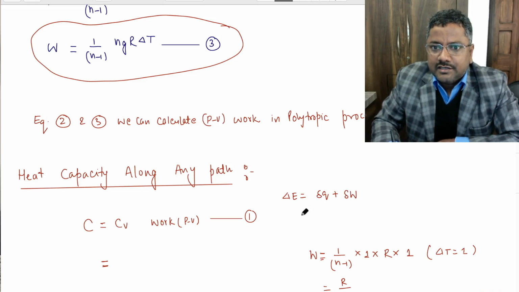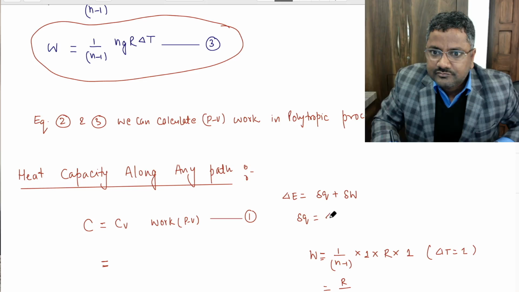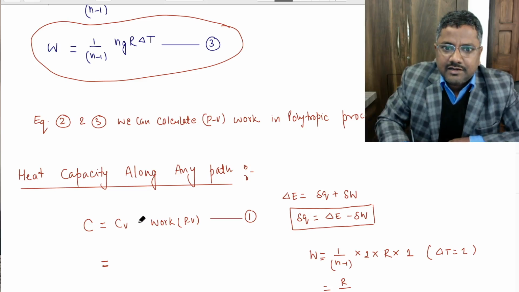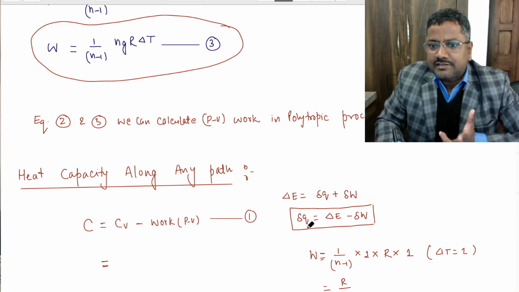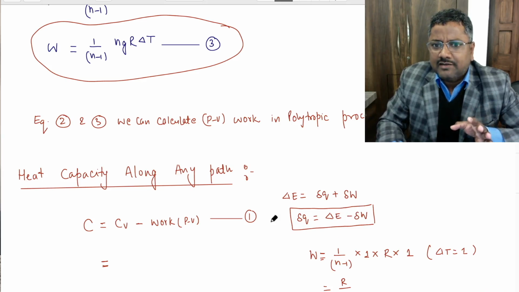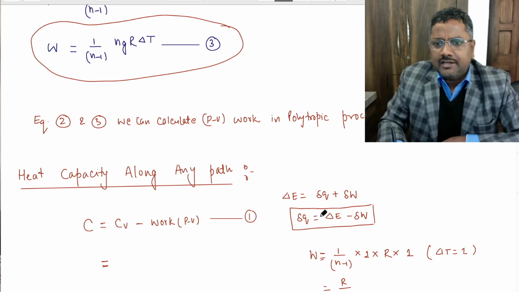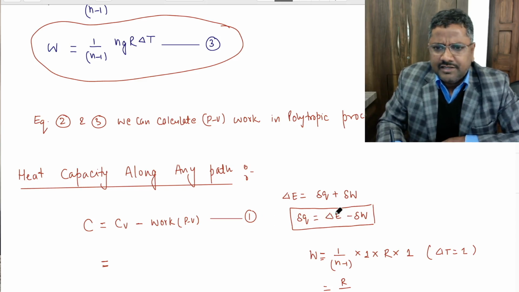So delta Q is equal to delta E minus delta W. Basically, this formula, what equation 1 I have written here, is on the basis of this. See, Q by T is the C, heat capacity. Delta E is nCv delta T, divided by delta T, so T cancels, right? So this formula I have written from this, and if you want, you can derive it very easily from this.